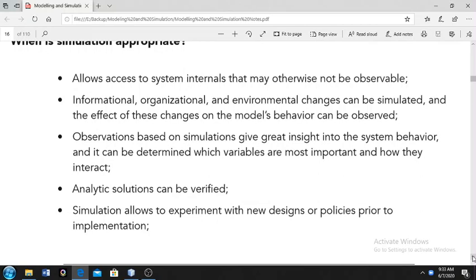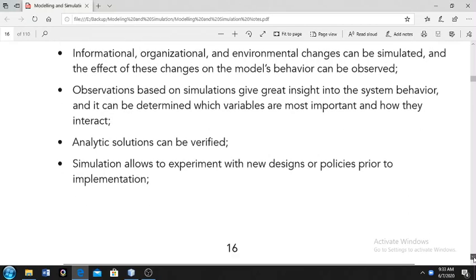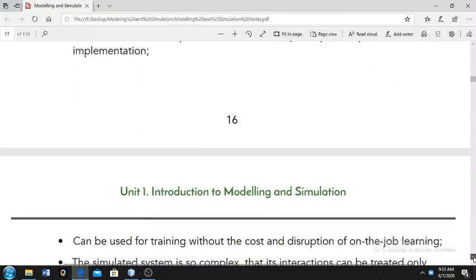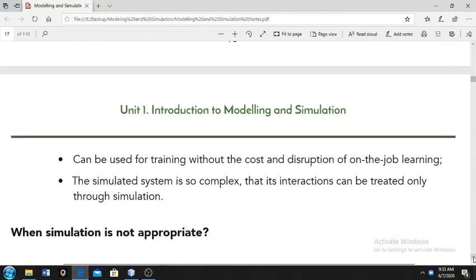It's important to simulate when it's possible to verify and analyze the solution. It is important to simulate when you are trying different alternatives, when designing a new system you would like to operationalize later.